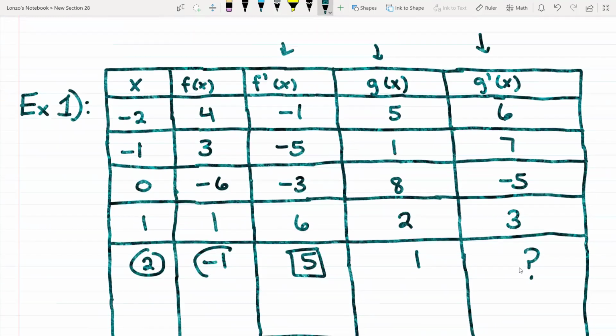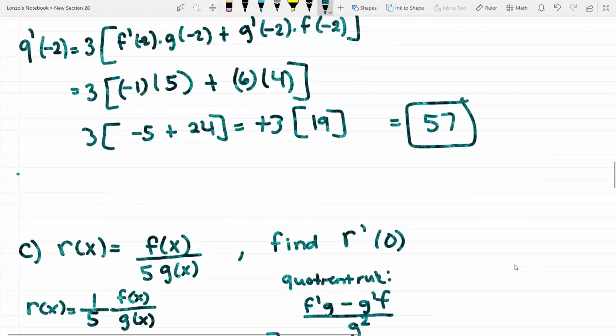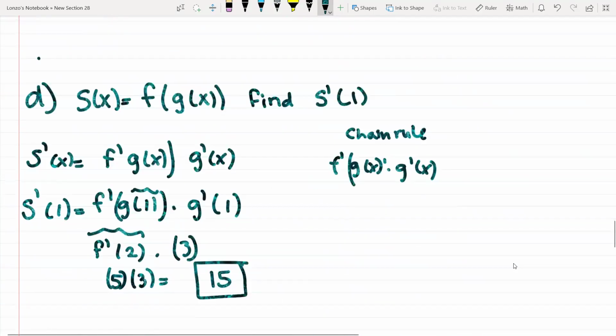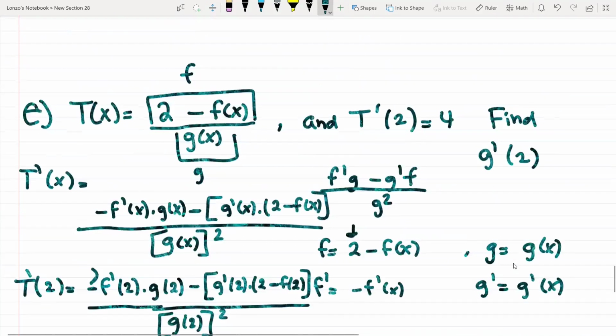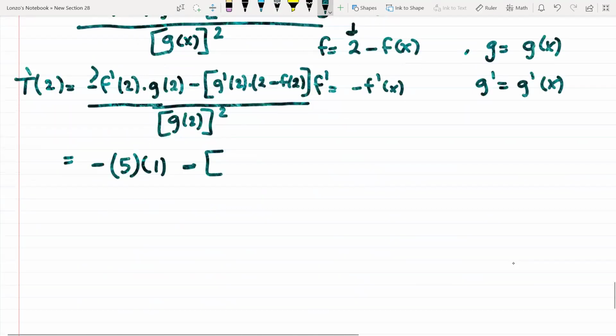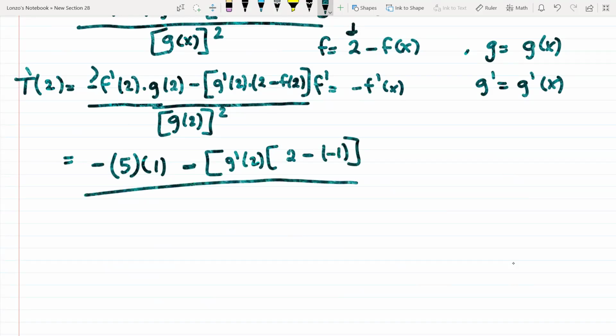Oh, it's unknown, right? We'll just leave it as g prime of 2 right now, since that's what we're trying to find. And then it's 2 minus f of 2. F of 2 is negative 1. All over g of 2 squared. So g of 2 is positive 1, and then we have to square it.